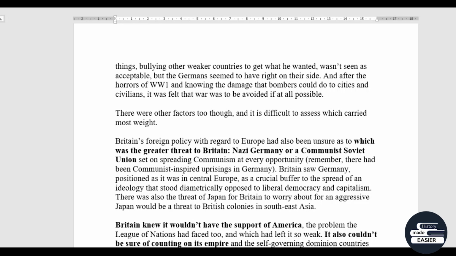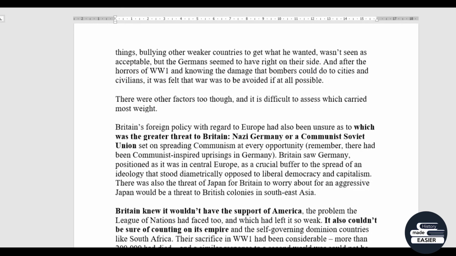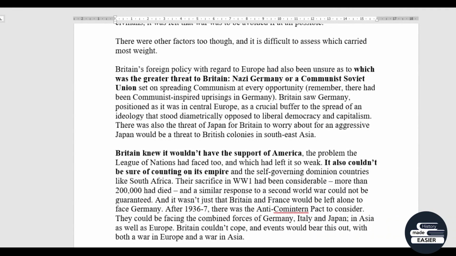My second argument is that Britain's foreign policy with regard to Europe had also been unsure as to which was the greater threat to Britain, Nazi Germany or a communist Soviet Union. After World War II, we have no argument about that. But prior to World War II, it was not a straightforward thing. My next paragraph, I look at Britain was unsure as to what support it would get.